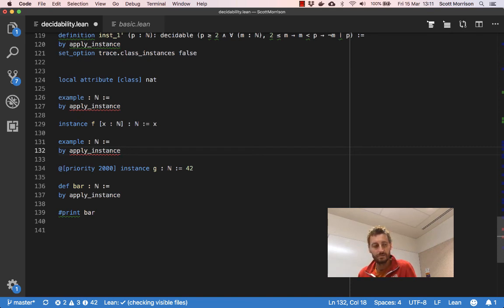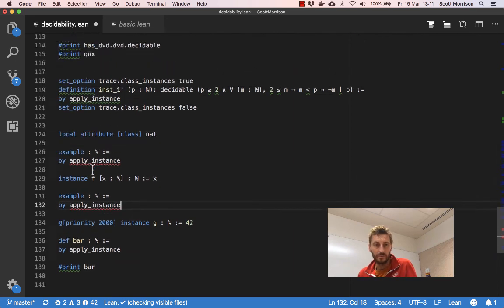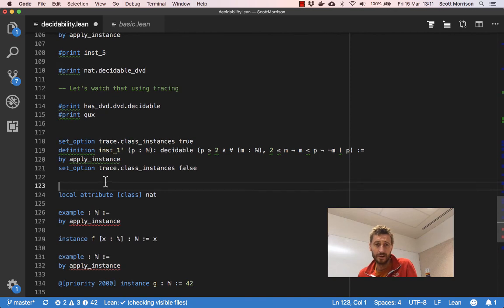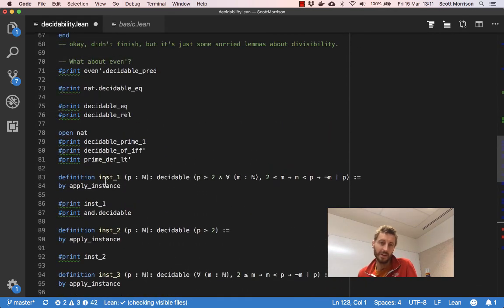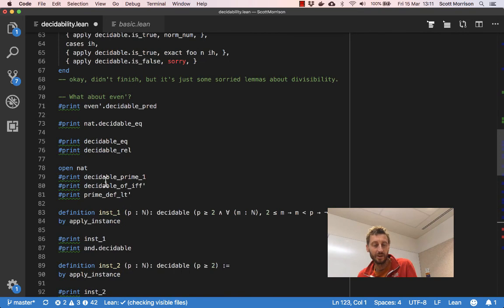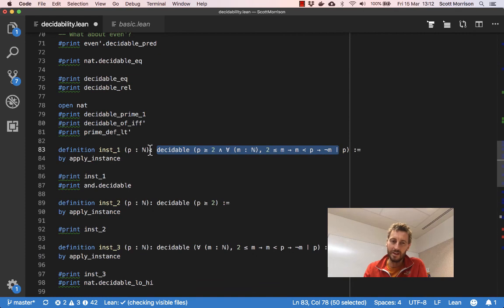Yeah, any other questions? Okay, so obviously the question about decidable predicates for primes, you can by now give a lame answer to at least the first part, constructing an instance, basically by repeating what we saw going on here in this type class inference.